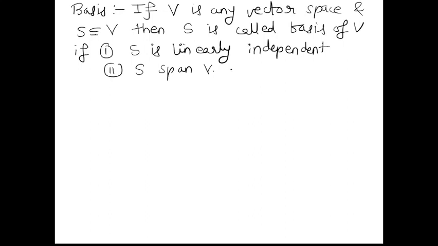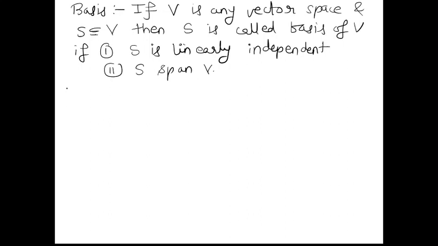You may find the link of these two concepts in the description list. So let us study how to find a basis. For this, we'll need to check whether set S is linearly independent or not, and then whether S spans V or not.